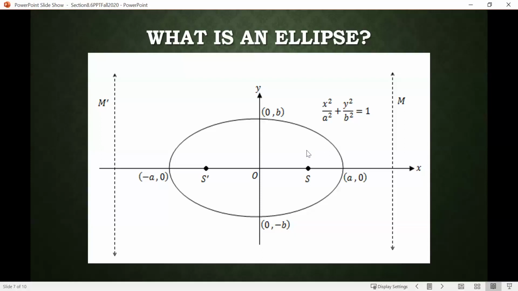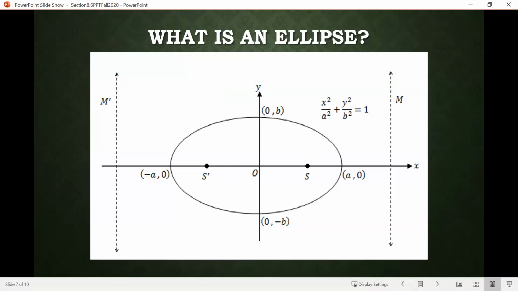Just want to talk a little bit more about an ellipse. So again, it's this shape here, kind of this egg-looking shape, that can be used to model the motion of planets. And here in this picture, here's the center, and the distance that it goes out along the horizontal axis, notice it says negative a and positive a.